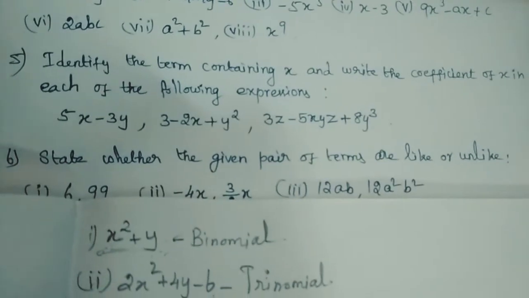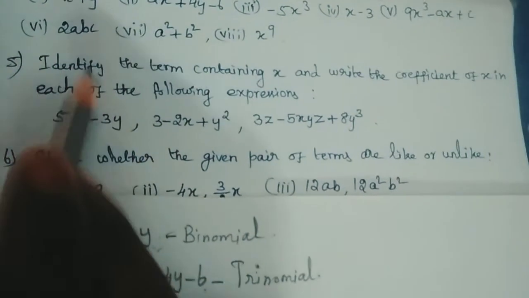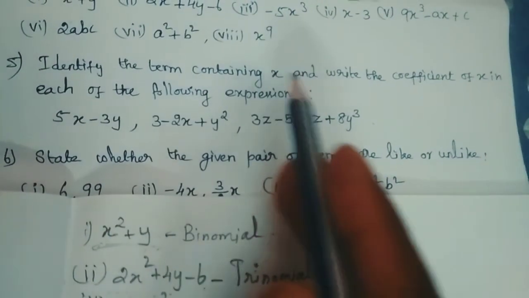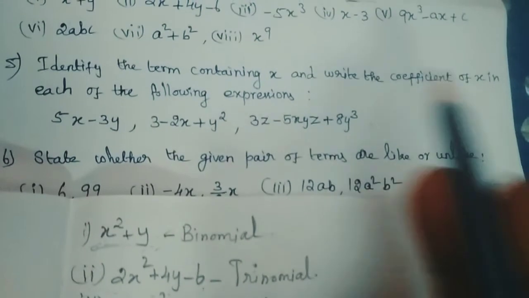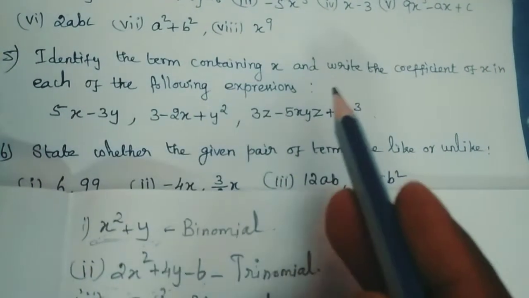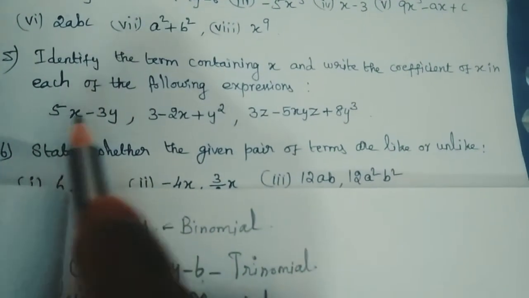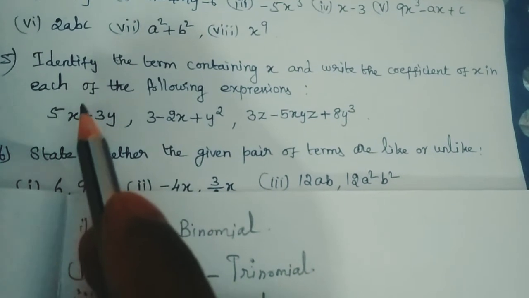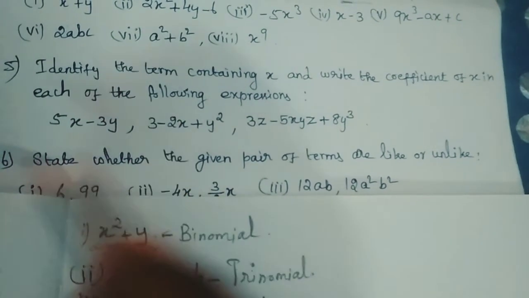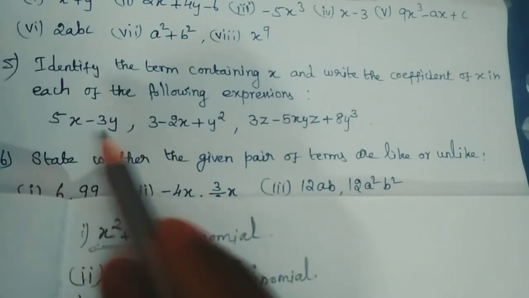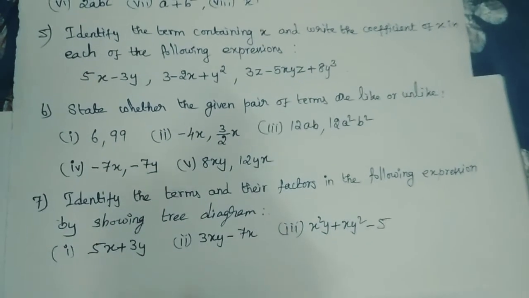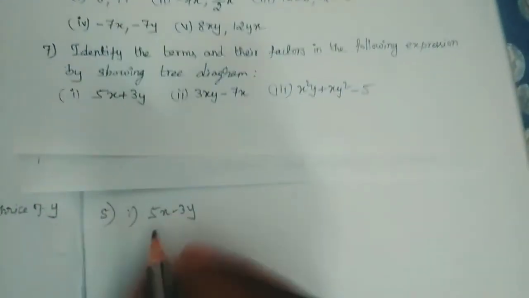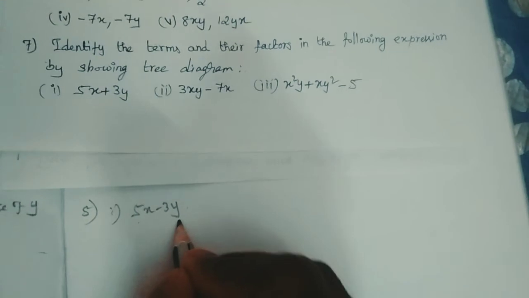Next, 5th question, identify the term containing x and write the coefficient of x in each of the following expressions. So first we want to find the term which is containing x. In this expression 5x minus 3y, totally two terms are there.